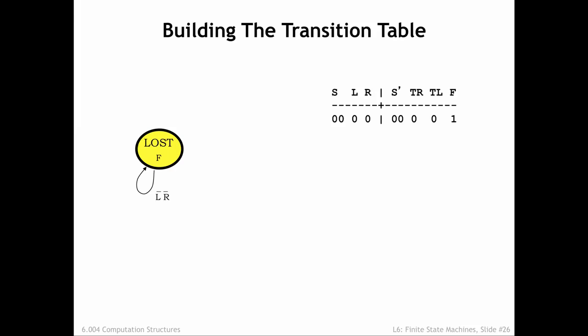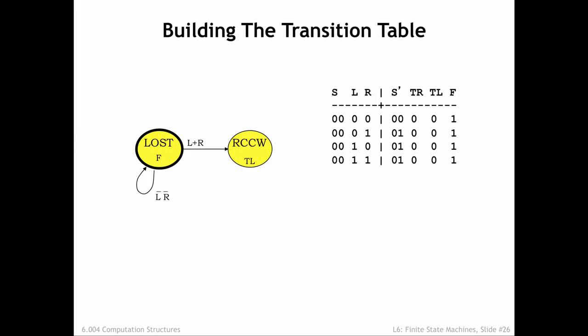Assigning the lost state the encoding 0, 0, we've captured this information in the first row of the table. If either antenna is touching, the FSM should transition from lost to the rotate counterclockwise state. We've given this an encoding of 0, 1. There are 3 combinations of L and R values that match this transition, so we've added 3 rows to the truth table. This takes care of all the transitions from the lost state.